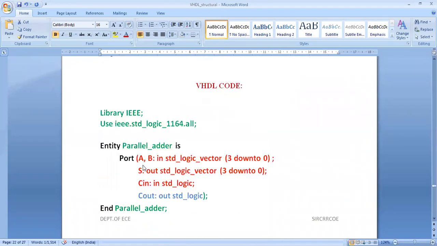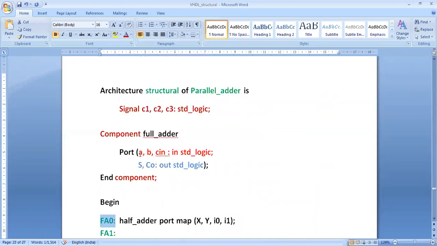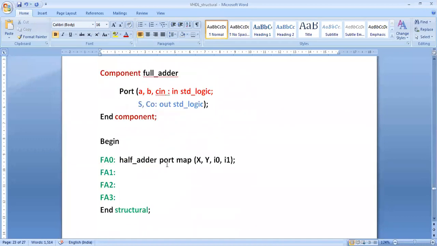See the full adder component here in the code. See the order: A input, B input, C in, carry in, and then sum and carry out. In the same order, we have to do the mapping.